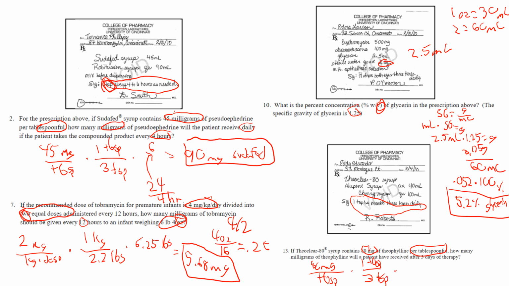We know that there's 3 teaspoons per day, and we know that this takes place over 3 days. So a really simple dimensional analysis problem if you know how to set it up. All it is is 80 divided by 3 times 3 times 3 again. And we get our final answer of 240 milligrams of theophylline.